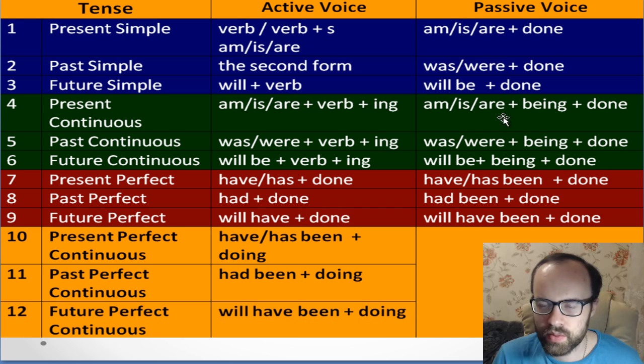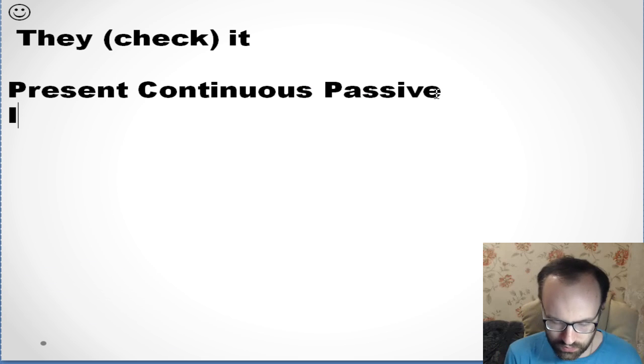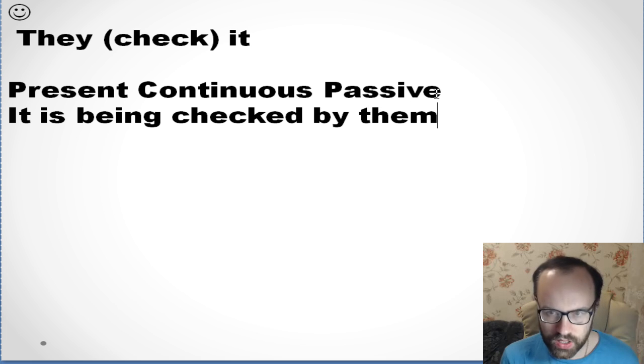So we see am, is, or are plus been plus the third form. So if we say it is been plus the third form, it is been checked by them.